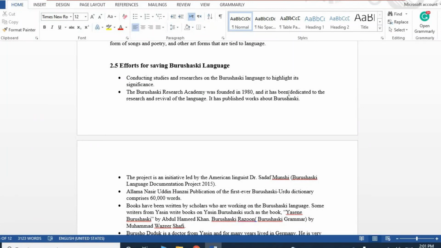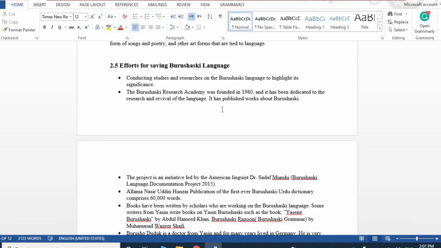A lot of work has been done and needs to be done, and we will see what my study will cover. So there are studies and research by the above-mentioned scholars, as I've discussed, Munshi and Hermann Berger as well.